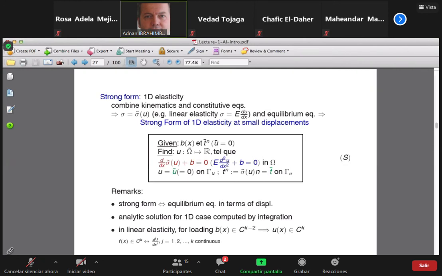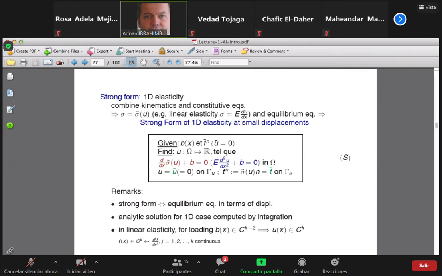I have obtained this equation by combining kinematics, constitutive, and equilibrium equations together to express a single equation of this kind. You can see that this equation is a second order differential equation, with the second derivative of the displacement field with respect to x featuring in it. So it is logical that if you want to compute the solution, you can integrate this 2 times.